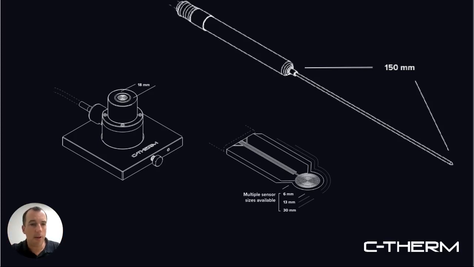And then you have the MTPS sensor on the left. It's a single-sided sensor. The active area of the sensor is 18 millimeters in diameter. You'll see other groups advertise a single-sided capability, but what they lack is what we described as a guard ring technology. And this is a patented innovation by C-Therm Technologies.